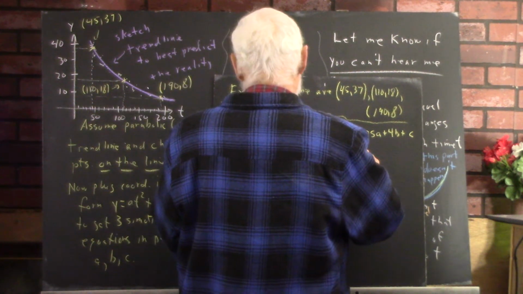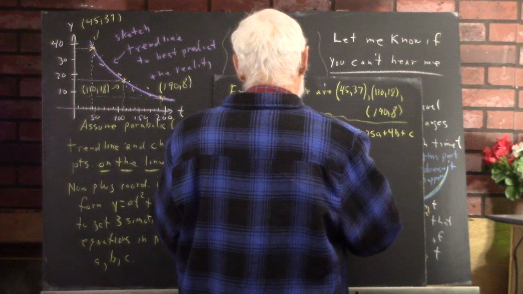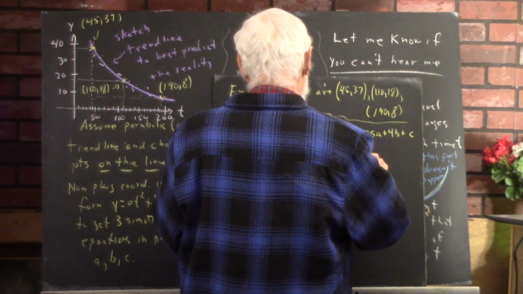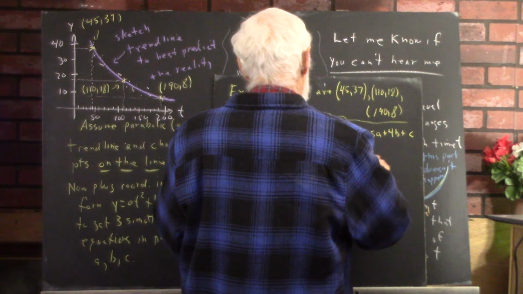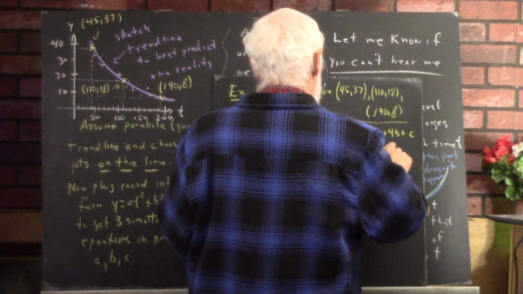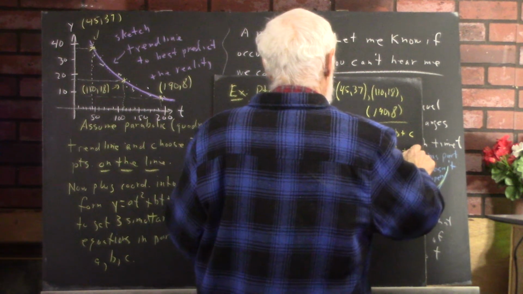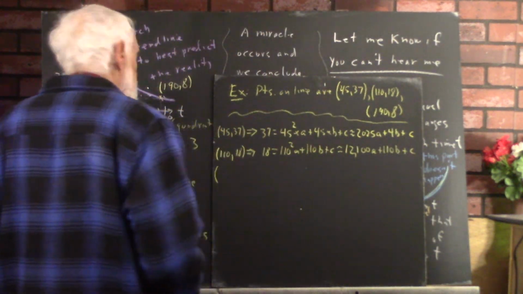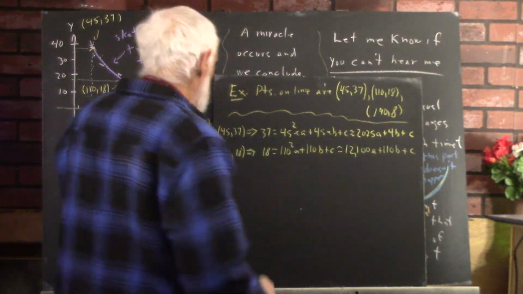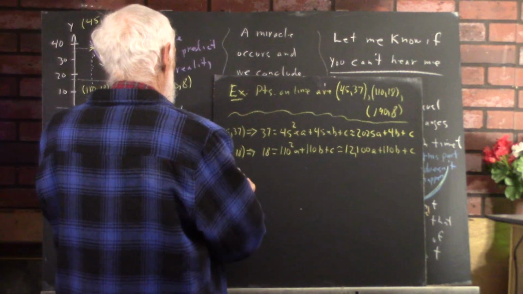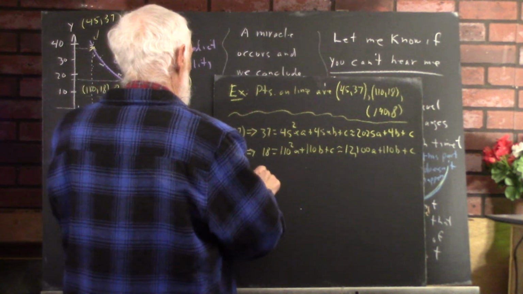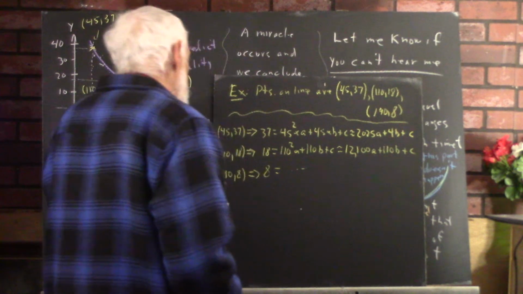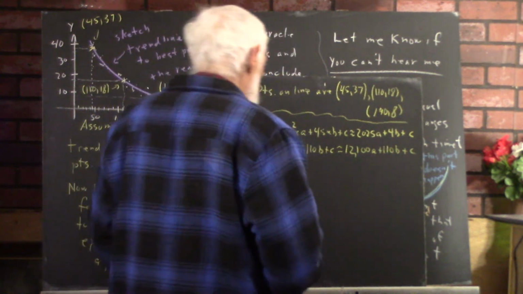That's 12,100a plus 110b plus c, and the point 190, 8: 190 squared is 36,100.